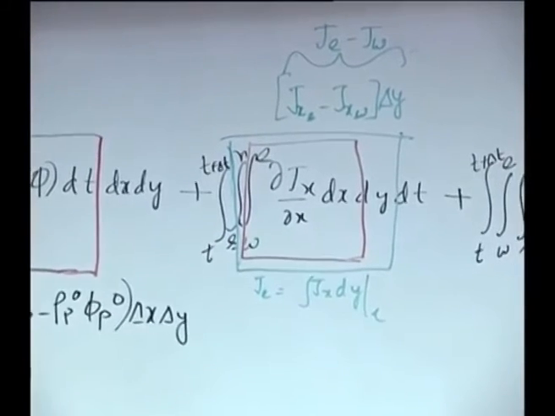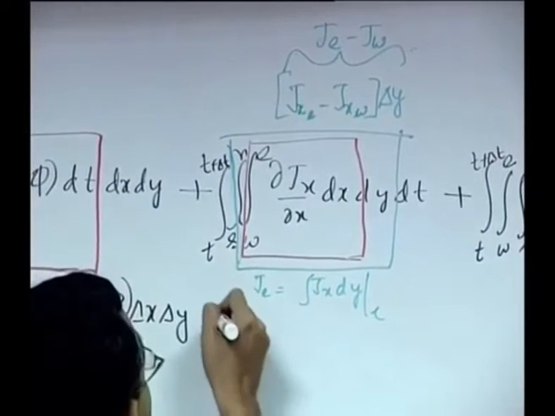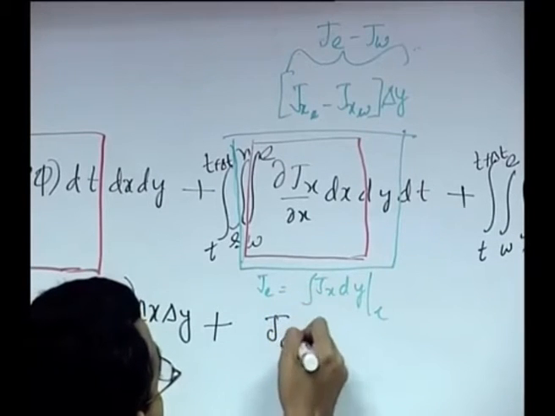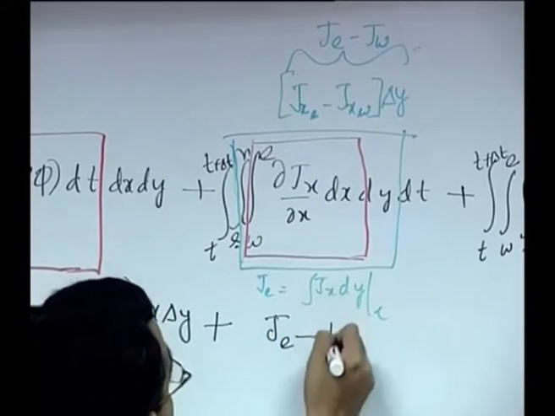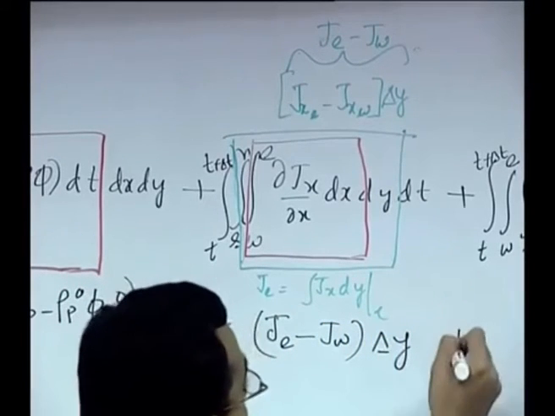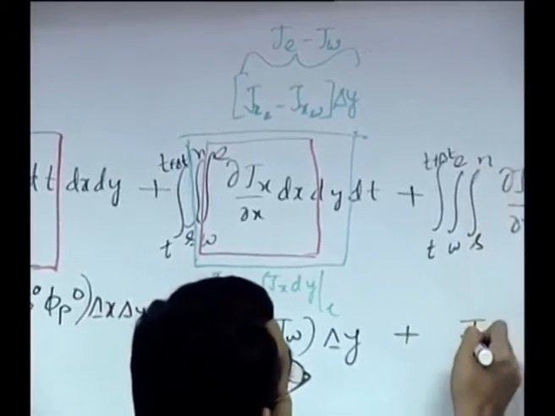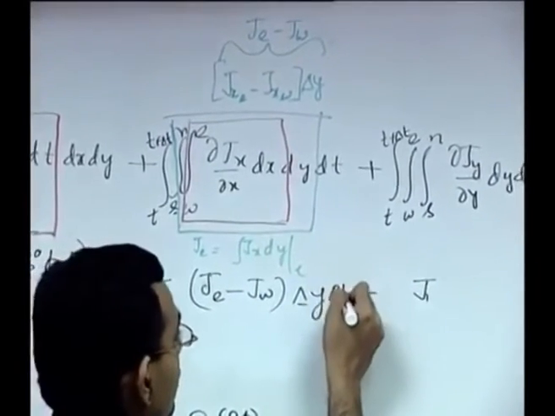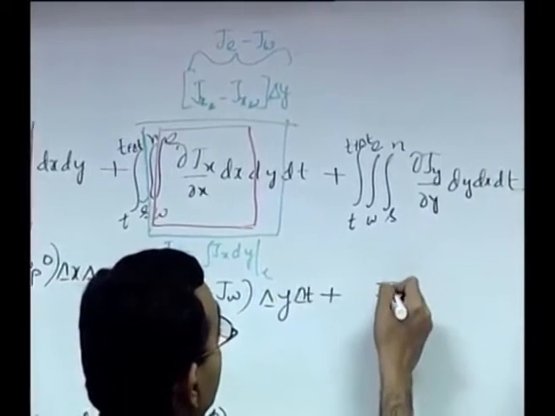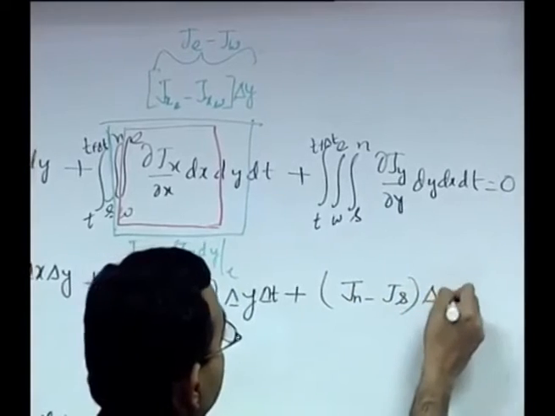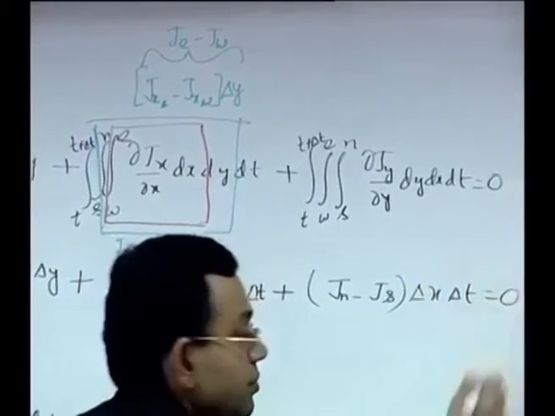So, it becomes plus Je minus Jw, plus Jn minus Js, that is equal to 0.